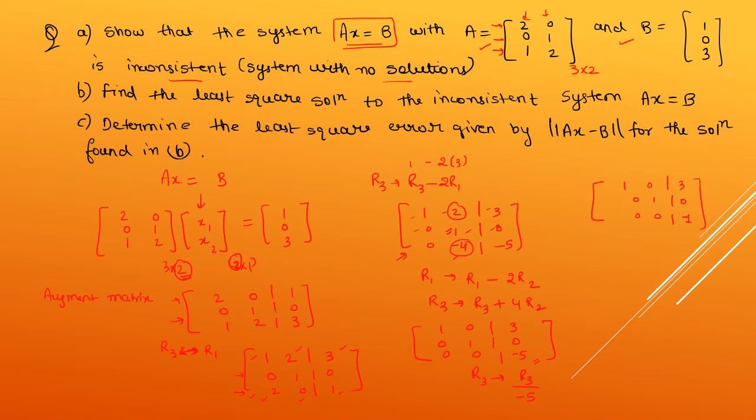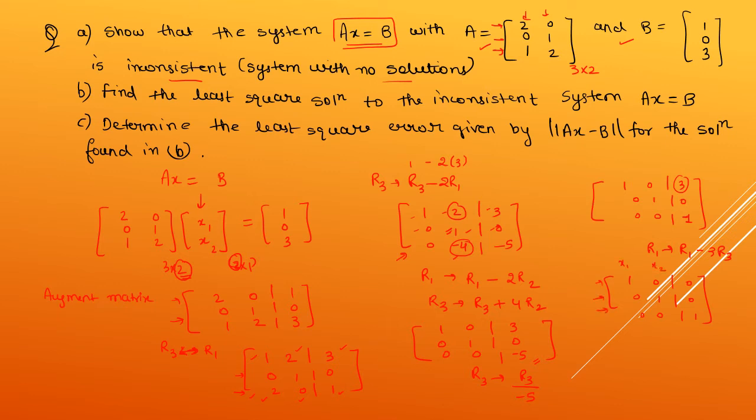Now because we have to create 0 here as well, if we take away R3 from it, then we will be having echelon form, right?